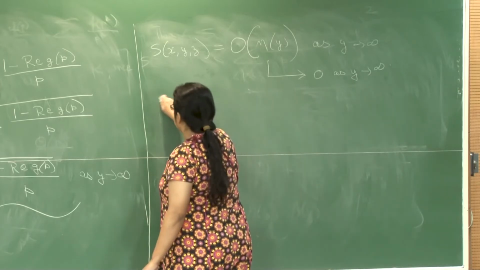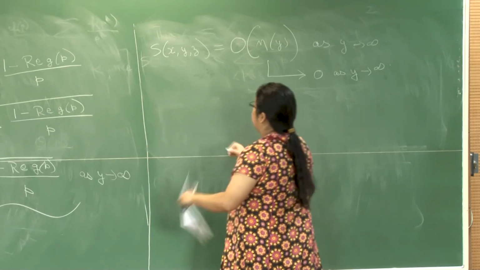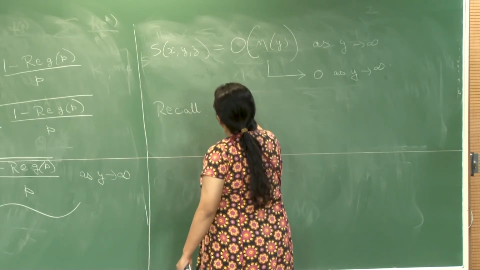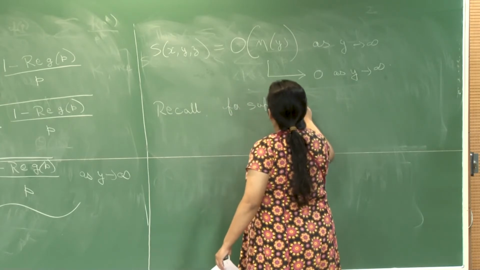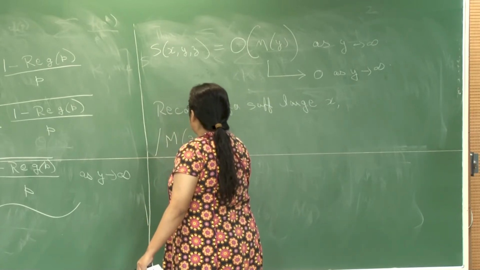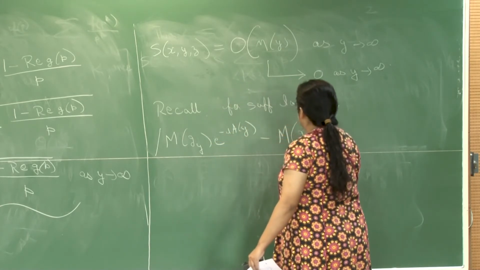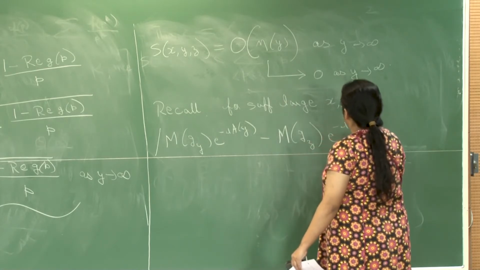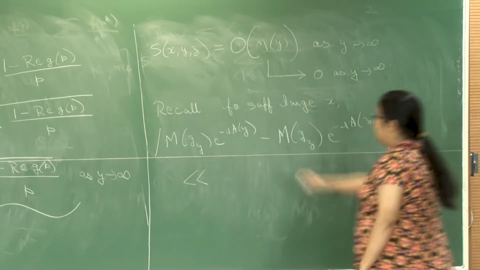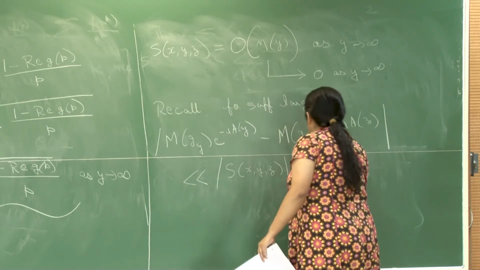So, this gives us that, let us quickly recall, for x very, very large, the absolute value of m of g sub y times e raised to the minus i a of y, minus m of g sub z times e raised to the minus i a of z, is less than the absolute value of S x y z plus epsilon.